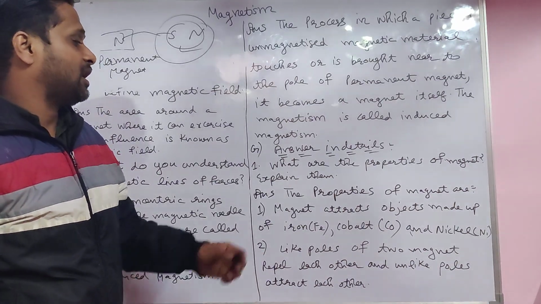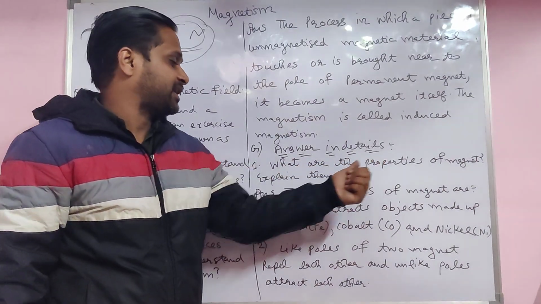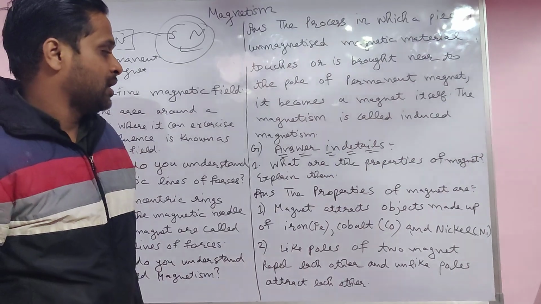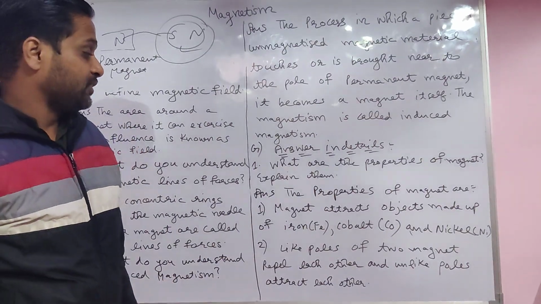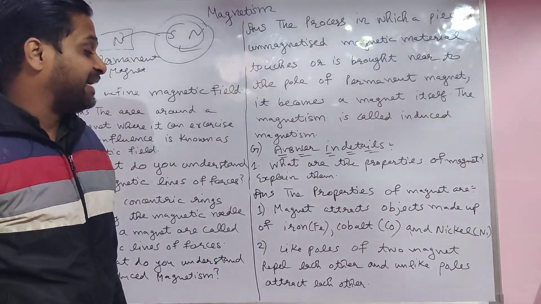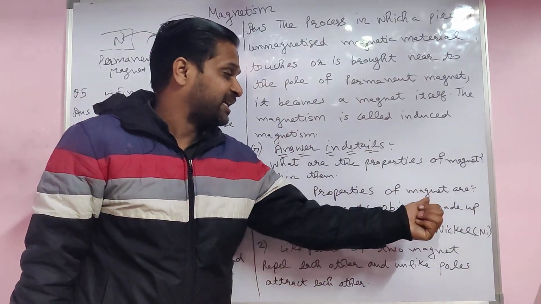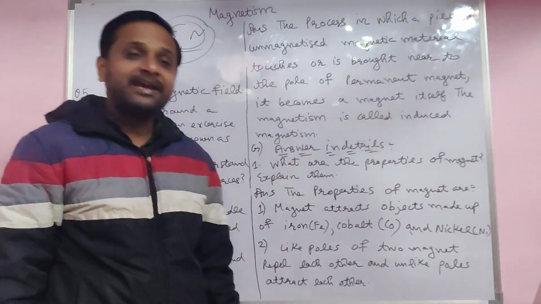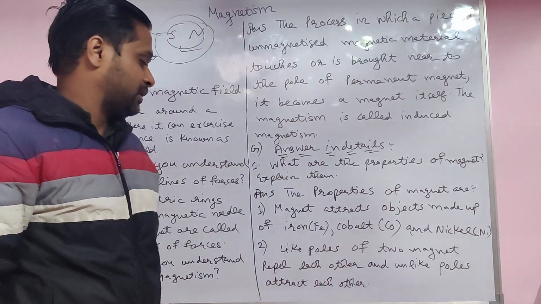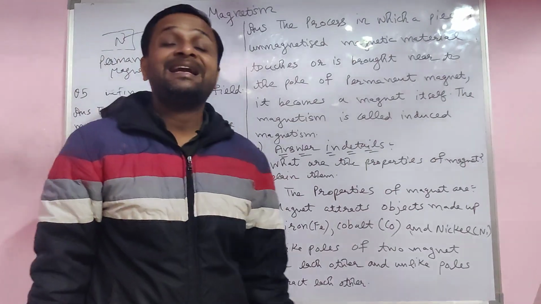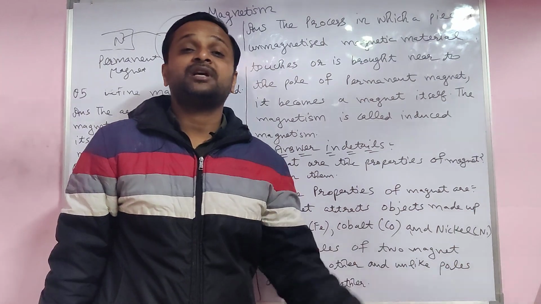And the next question. What are the properties of the magnet? Explain them. Already told to you. The properties of magnets are: a magnet attracts objects made of iron, cobalt, nickel. Magnets attract magnetic substances mainly.